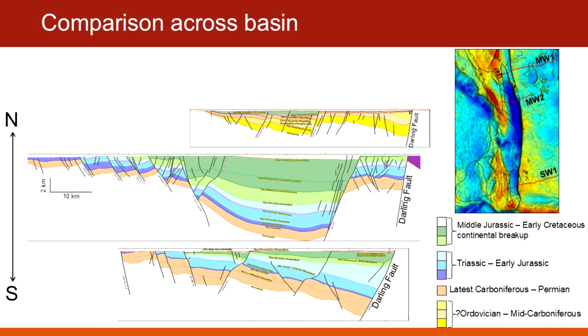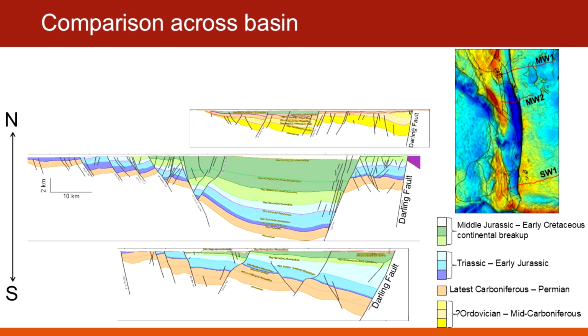Because as rifting continues and we head into the Triassic and into the Jurassic, we can see that extension has almost completely ceased in MW1, and now the rifting is focused in the southern two lines. And especially in MW2 in the centre here, that's where we've really got the thickening of this big Jurassic package.